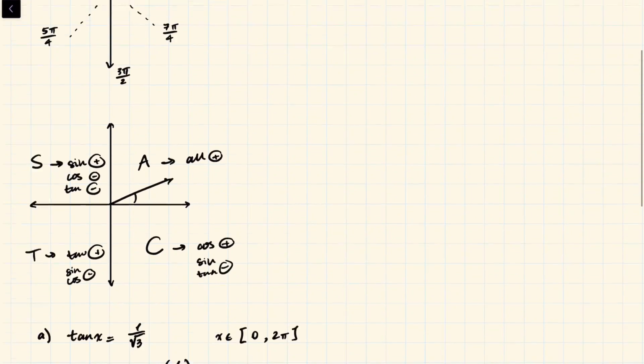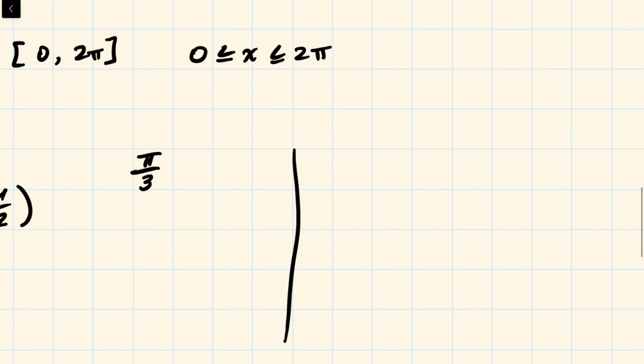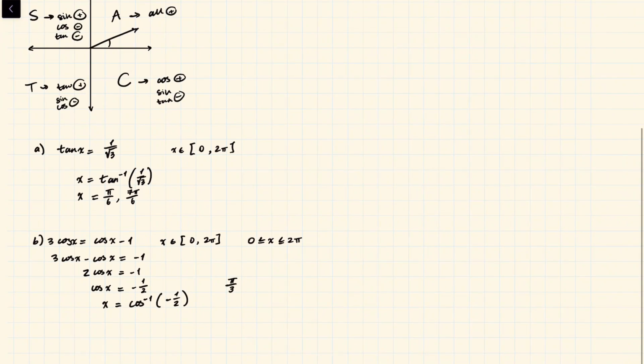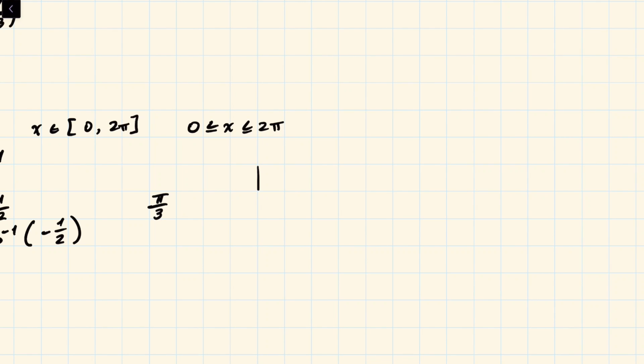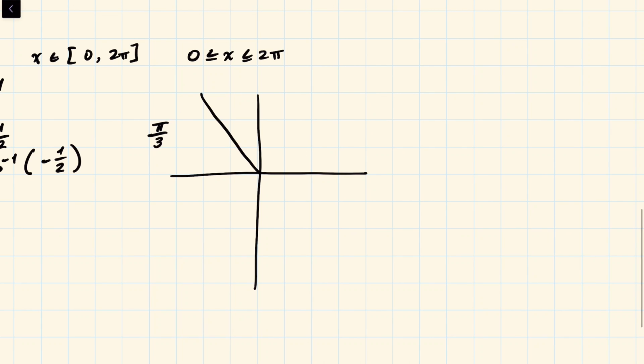Okay, so pi over 3, right? We want equivalent angles here. Okay, so pi over 3, it's about here. And then same thing for down here. Okay, that's pi over 3. And here is pi over 3 as well.